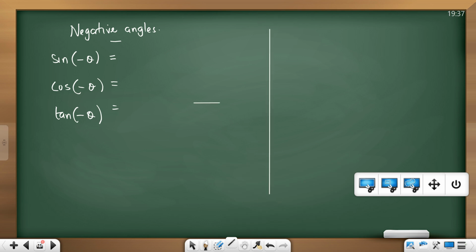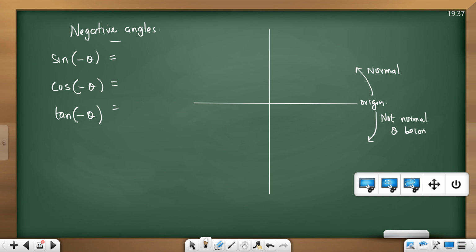When I say a negative angle, again, this is the origin. Usually we move anti-clockwise. This is normal. But once I move clockwise, it's not normal. My theta becomes negative.